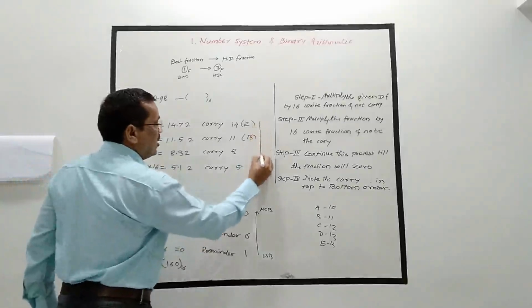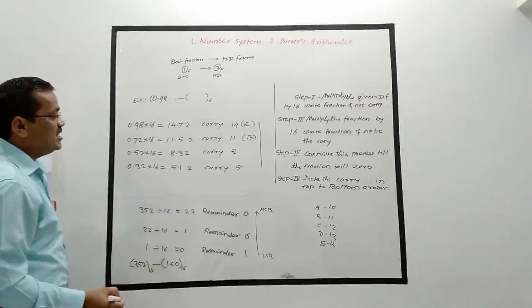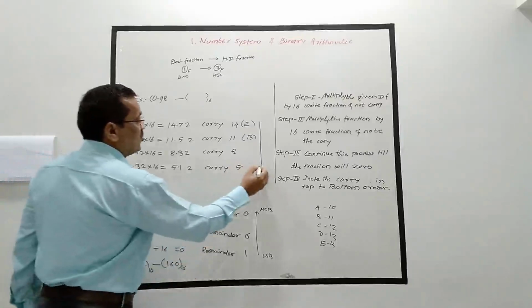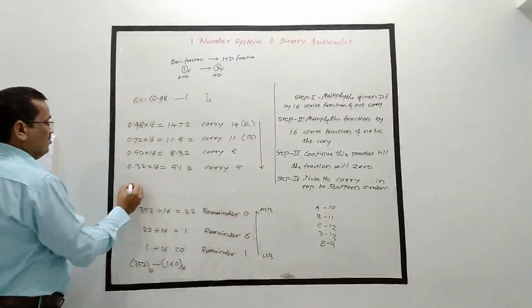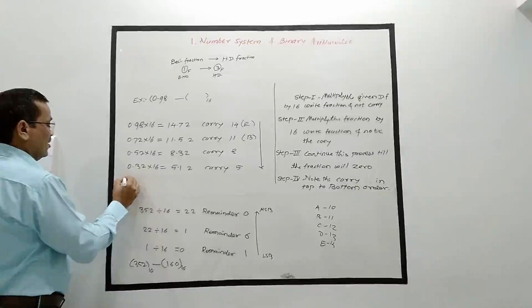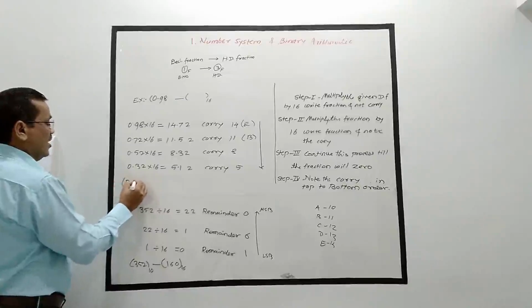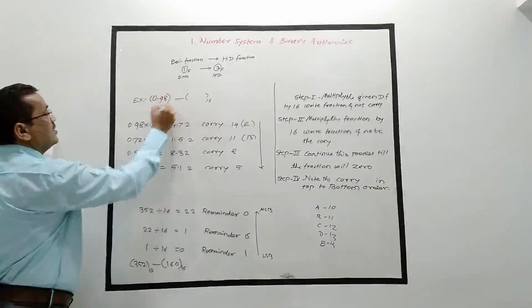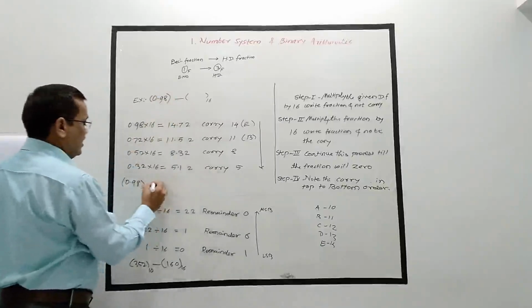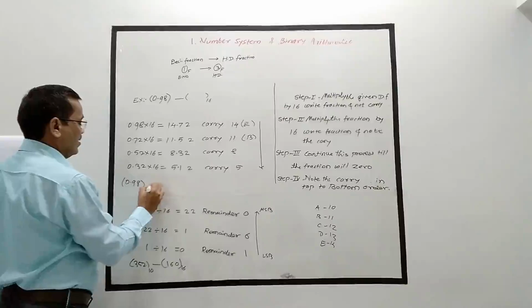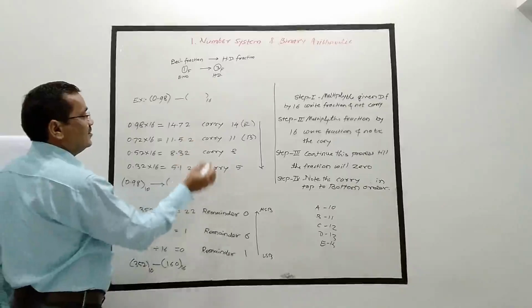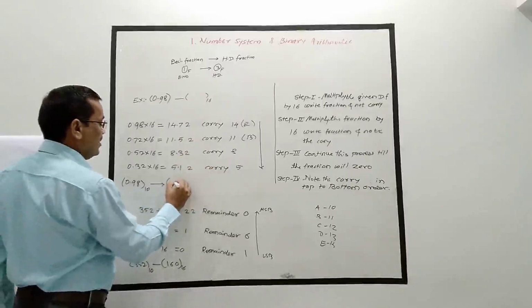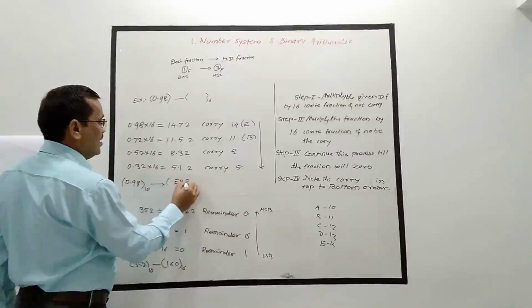Now the order to write the number is from top to bottom. So write the number from top to bottom, that is decimal fraction 0.92 is converted into hexadecimal number as EB85.